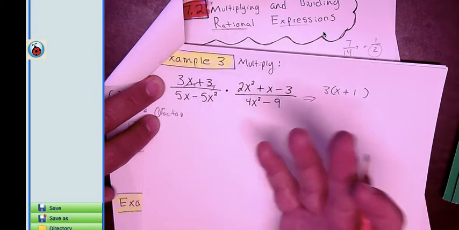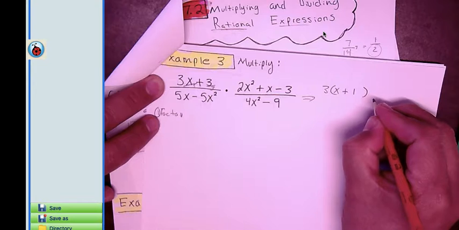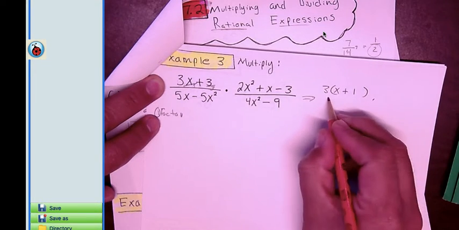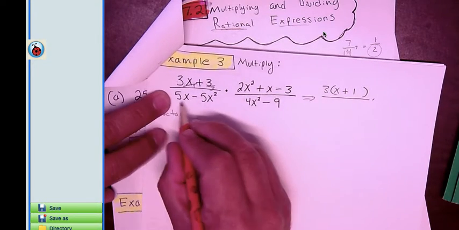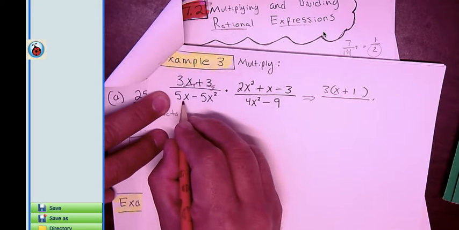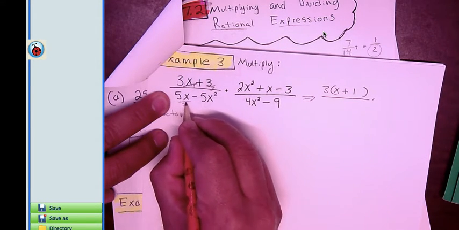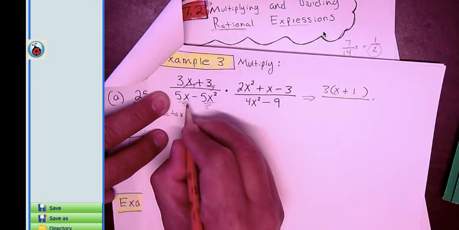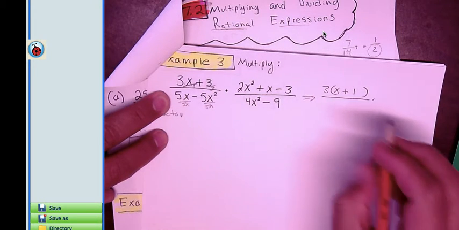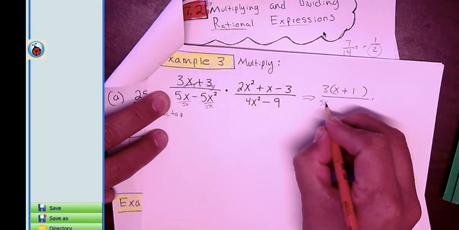Oh, GCF, you guys know it as GCF, greatest common factor. This one, we can actually factor out a 5x.